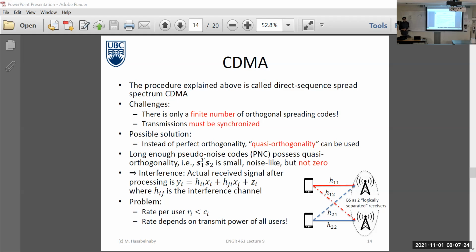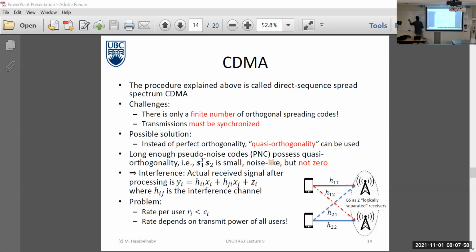So the received signal at the base station will be the transmitted signal from user 1, S1 x1, attenuated by a certain channel coefficient that represents the losses in the channel, plus the received signal from user 2, which is S2 x2, attenuated by some channel coefficient, plus noise.